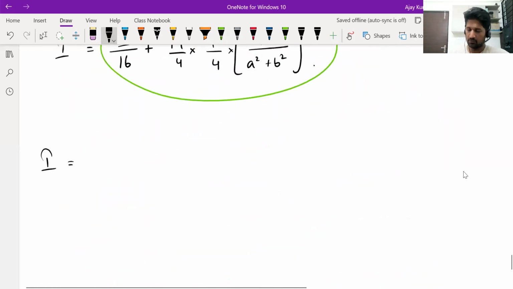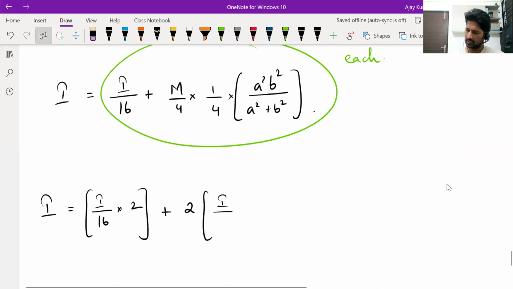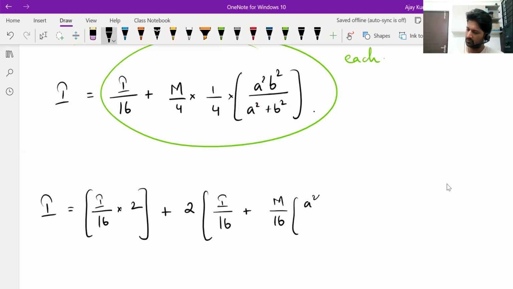Therefore, I is equal to the two rectangles which were on the diagonal, they contributed I by 16, I by 16. So I by 16 into 2, plus the two rectangles which were not on the diagonal, they will contribute 2 times this entire expression: I by 16 plus m by 4 into 1 by 4, which is m by 16, into a square b square by a square plus b square.